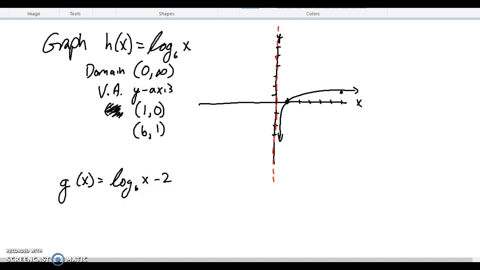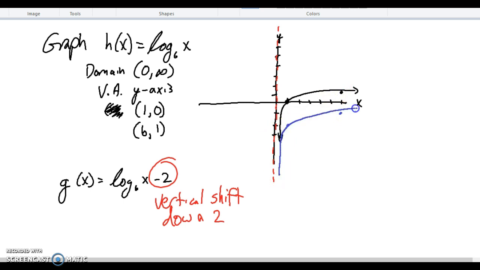So this 2 here is a vertical shift down 2. So that means we would take this function that we've just graphed, let's make it blue, and move everything down 2 spots. And we end up with something that looks like that.